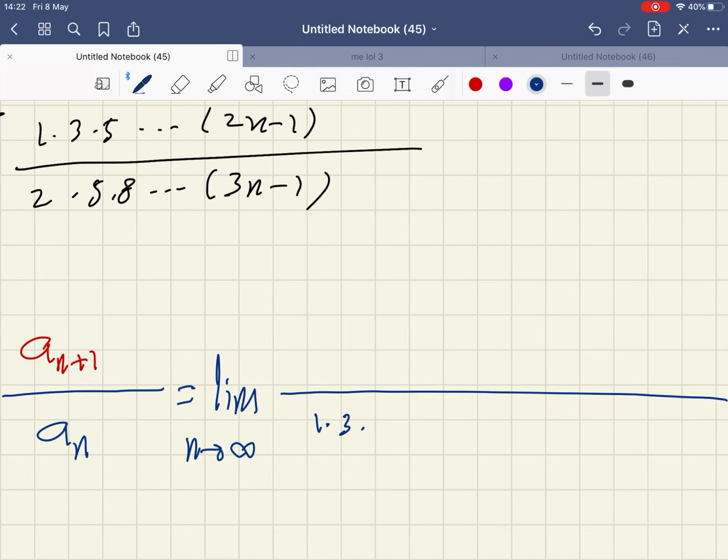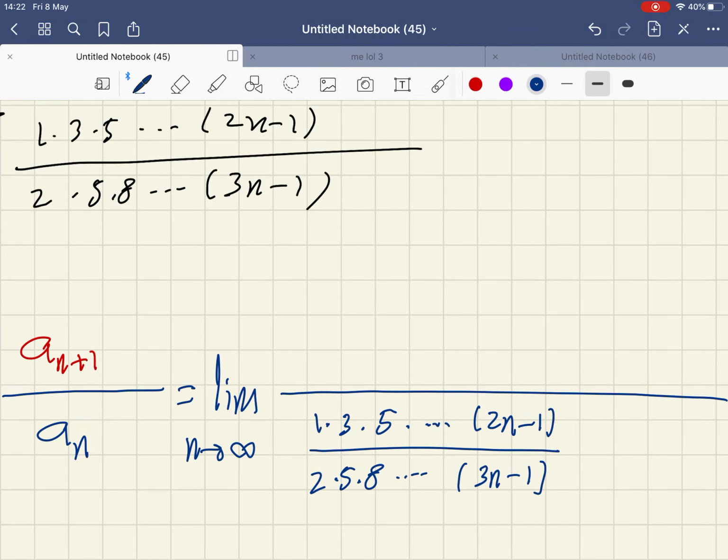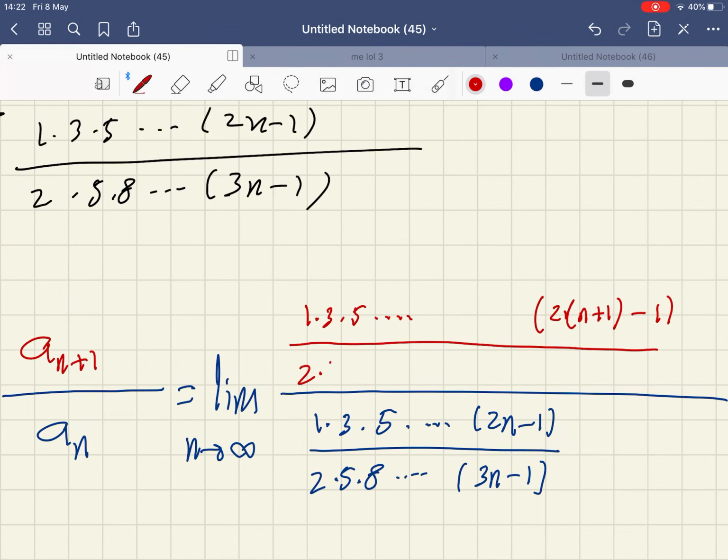It is 1 times 3 times 5 times up to 2n minus 1, over 2 times 5 times 8 times up to 3n minus 1. Now on the top, I will do the same thing, and instead of n, I will write n plus 1. So it will be up to 2(n+1) minus 1 over 2 times 5 times 8 up to 3(n+1) minus 1.